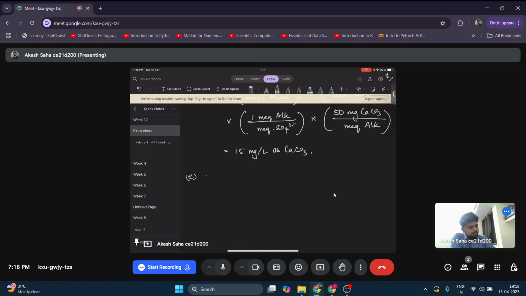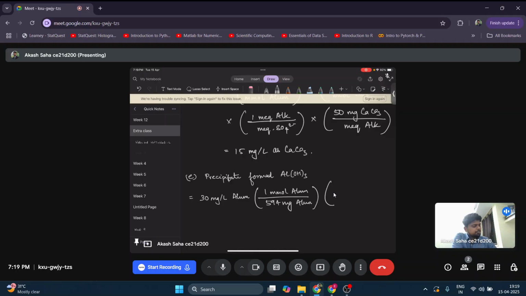So again, precipitate formed, that is AlOH thrice. Okay, so 30 milligram per liter of alum. Again the same thing, 1 millimole of alum is having 594 milligram of alum.